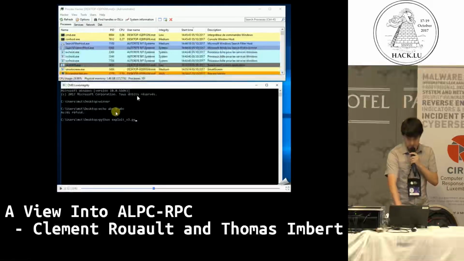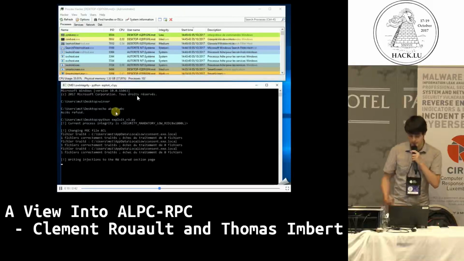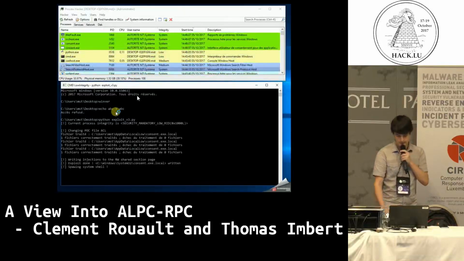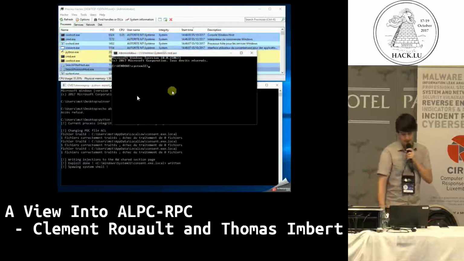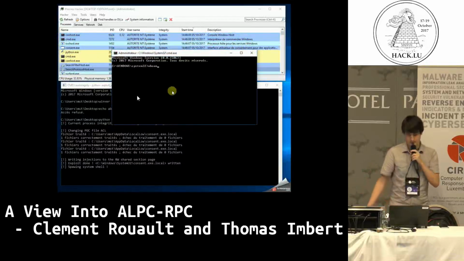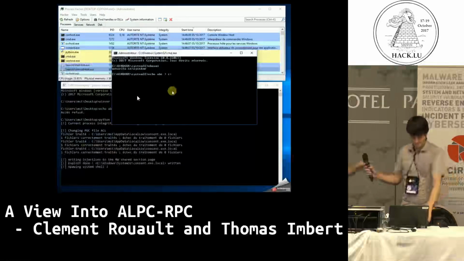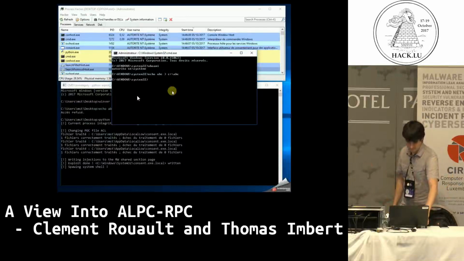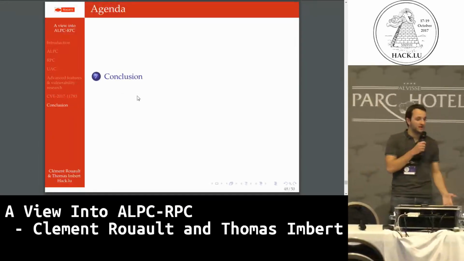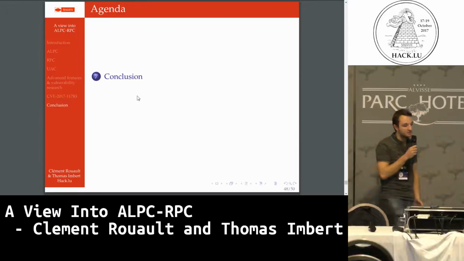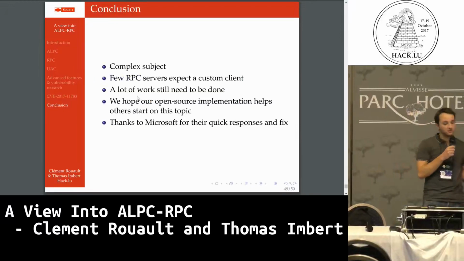And we run the exploit that exploits the shared memory vulnerability, and magic happens, and the system shell pops. So now we are system, we can do anything that we want, write anywhere, and do what we want. Okay, so we were able to gain system privilege from a low integrity process, which is, I guess, pretty cool.